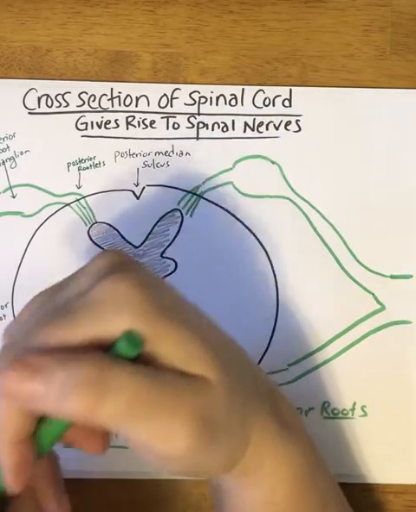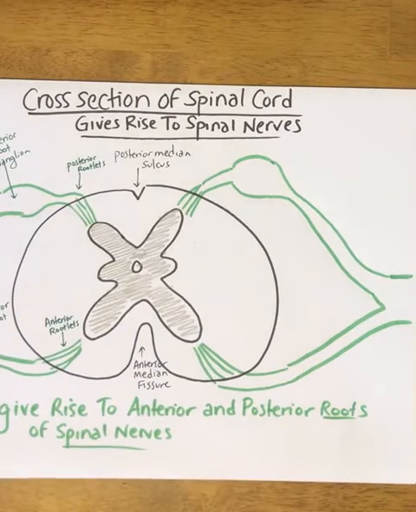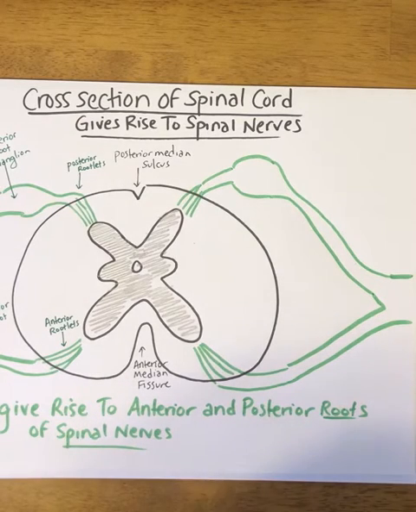Now, why are these important? When we talk about bundles of axons in the CNS, they're called tracts. But when we talk about bundles of axons in the peripheral nervous system, they're called nerves.